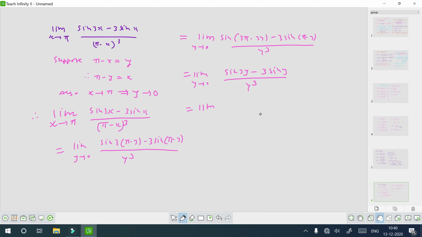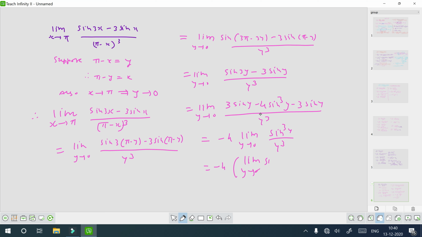That is equal to limit y tends to 0, (3 sin y minus 4 sin cube y minus 3 sin y) over y cube. 3 sin y cancels, minus 4 is taken outside: limit y tends to 0, sin cube y over y cube. That is minus 4 into limit y tends to 0, (sin y by y) whole cube. And that comes out minus 4 into 1. Answer is minus 4. Next one.